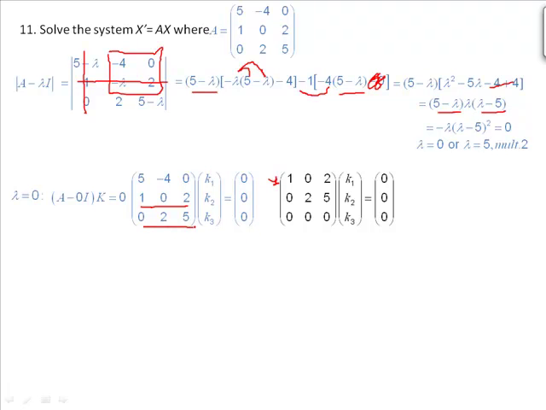Took the last row, put it up here at the second row, and then I had a row of all zeros because I ended up with two rows that were identical.